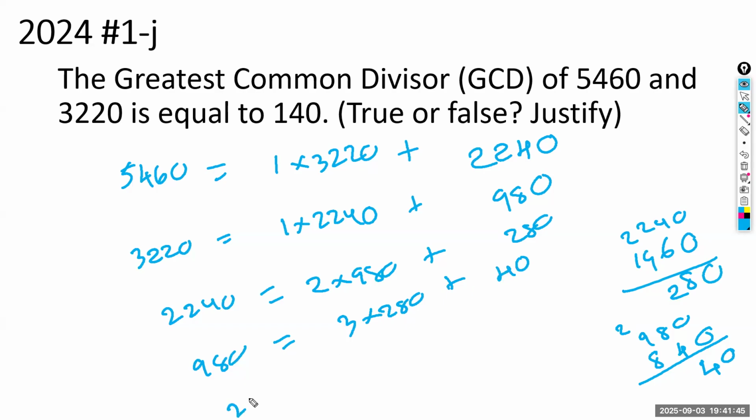So then 280 is 40 into 7 plus 0. So then we got 0, that means your answer is 40. Right? Answer is 40.